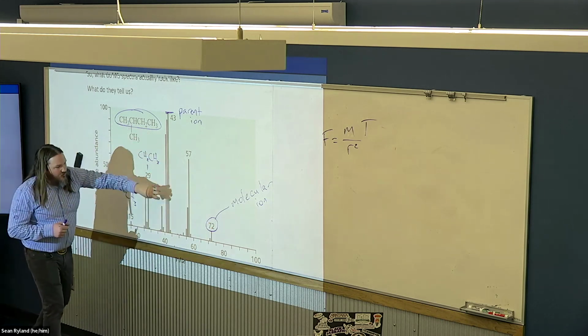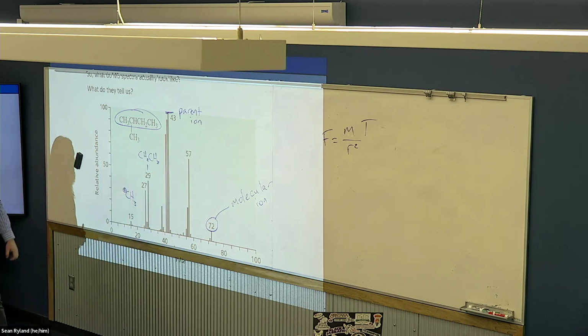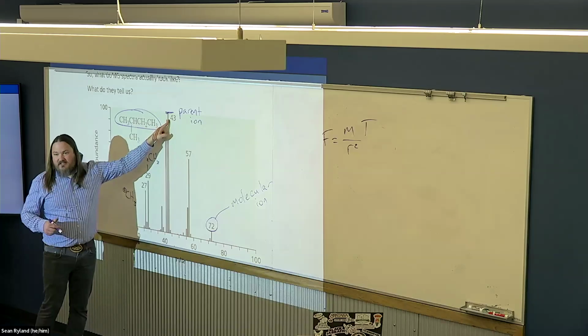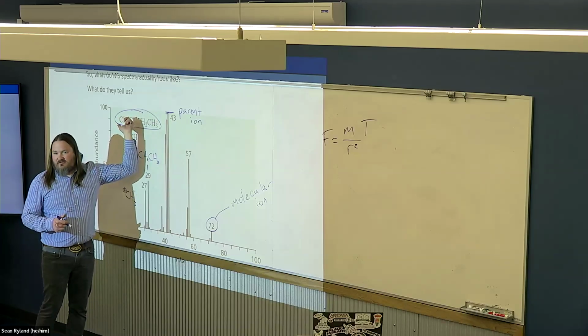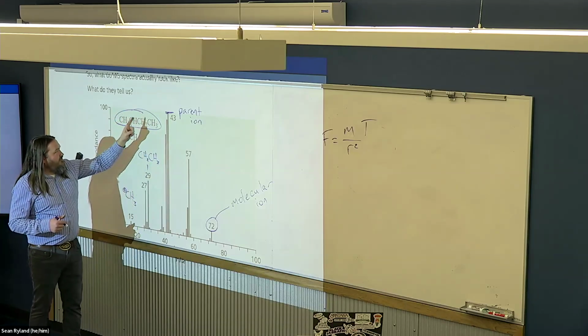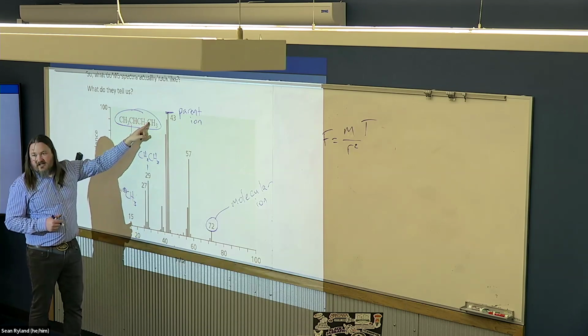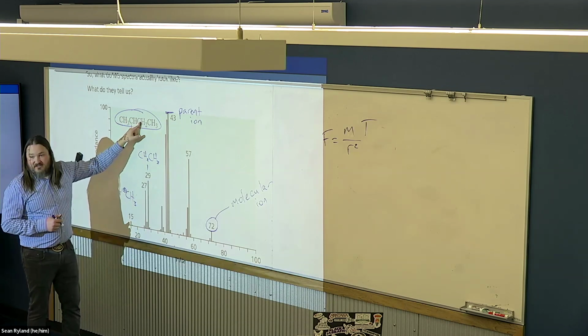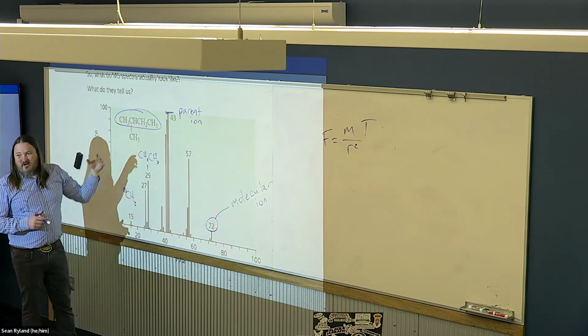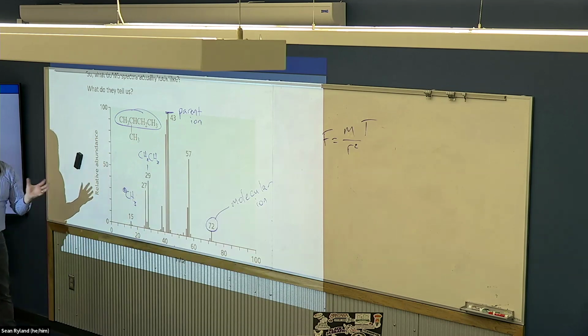And that's why we get the rest of these. Whether we get this fragment or that fragment depends on which electron actually got knocked off. If you knocked off an electron between these two carbons, it's going to break apart differently than if you knocked off the electron between these two carbons. So there is some probability and statistics involved too.